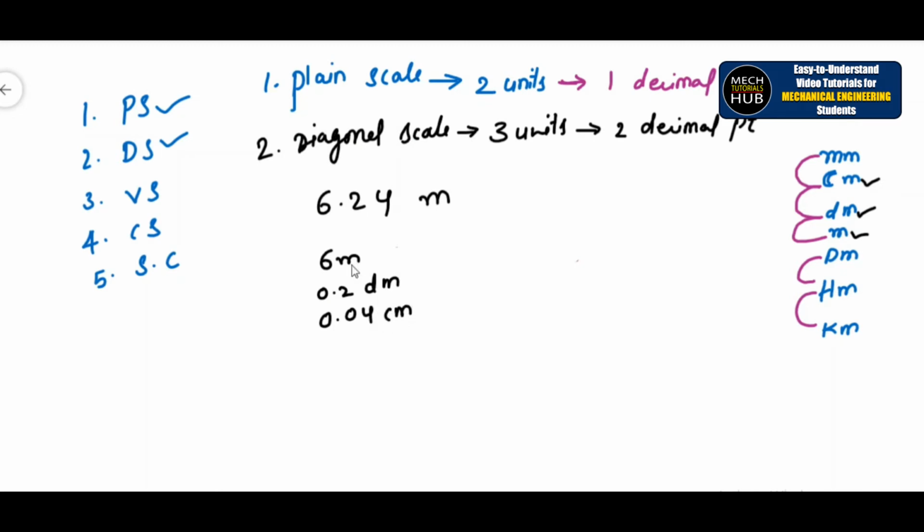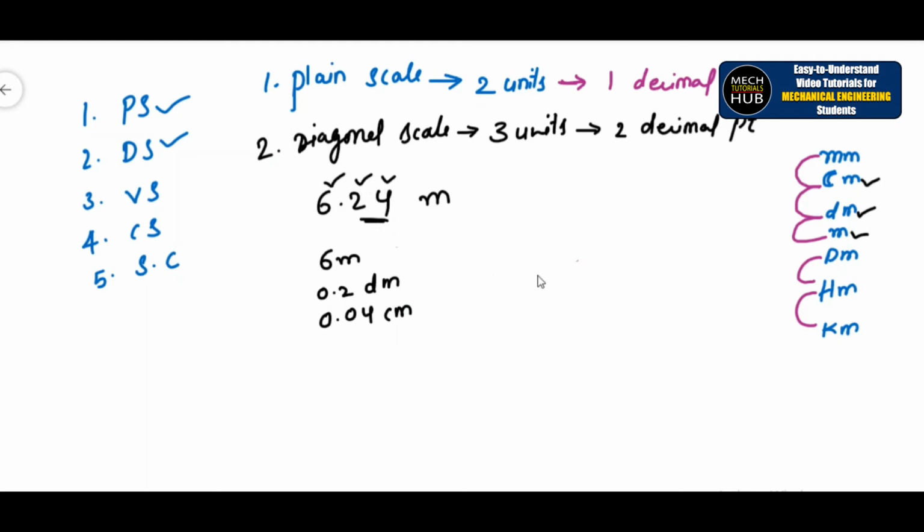So it is going to read up to 2 decimal points. So we need to develop a scale which will read up to 2 decimal points, meaning 3 units overall.